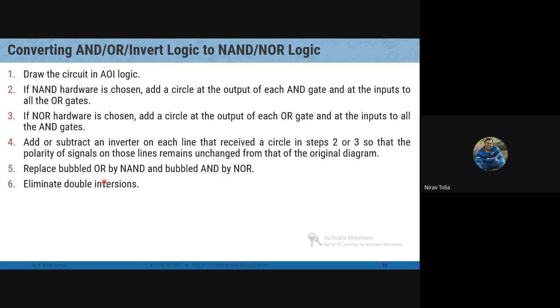Suppose you have 2 NOT gates in series, so you have to eliminate that double inversion. Okay.